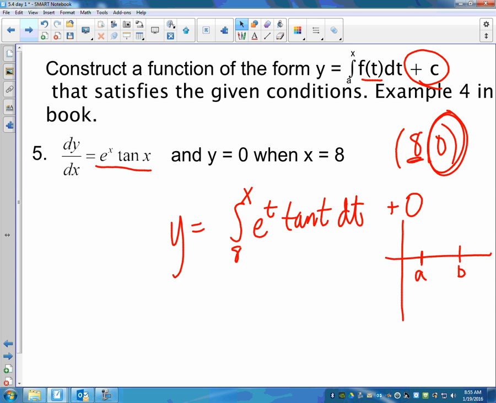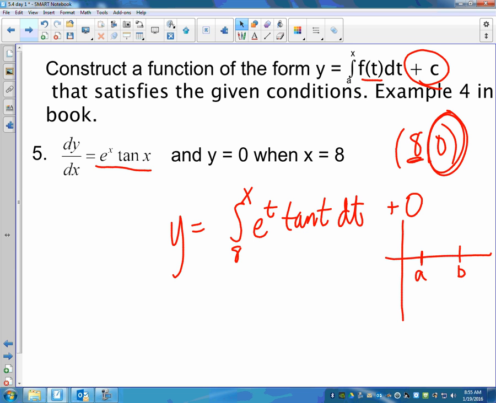Example 4 in your book goes through that in a little more detail. They have one where the original condition is when x is 3, y is 5. So then they have a 5 out there, if they give you that.